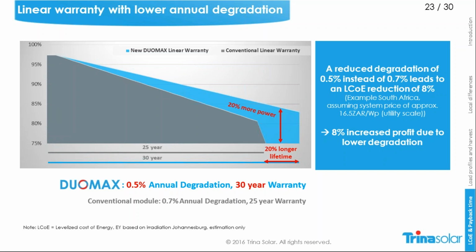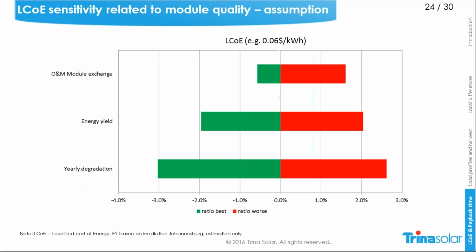If you take all the advantages into account, that means the reduced degradation and the increased system voltage, then in terms of levelized cost of energy, using it in a utility scale project, for example, the DuoMax can reduce the LCOE by approximately 8% due to the advantages in terms of degradation and the higher system voltage.